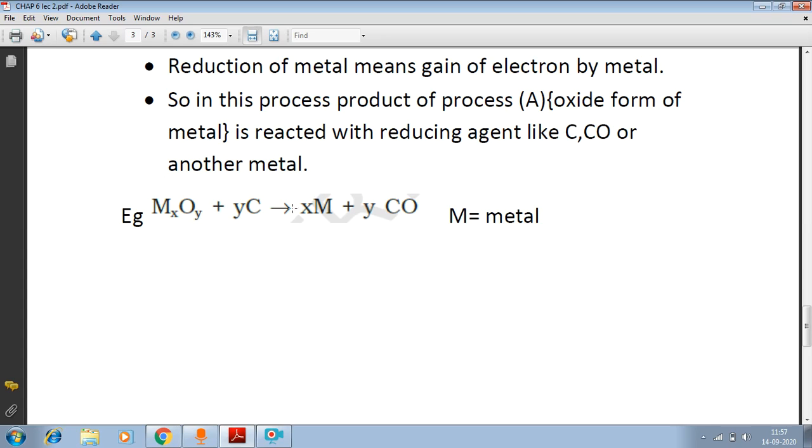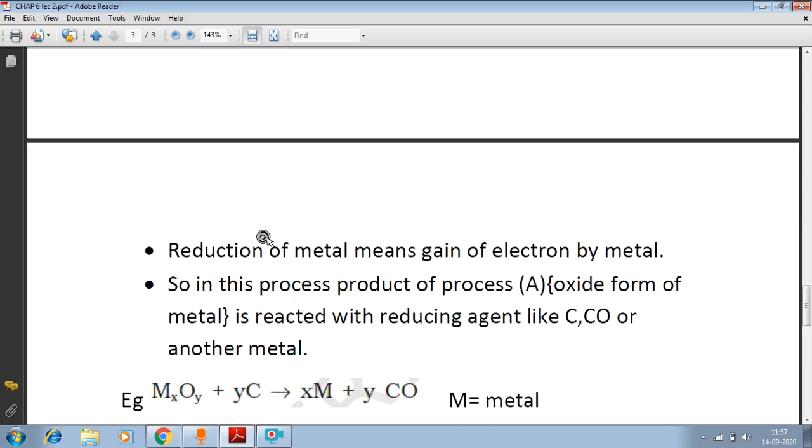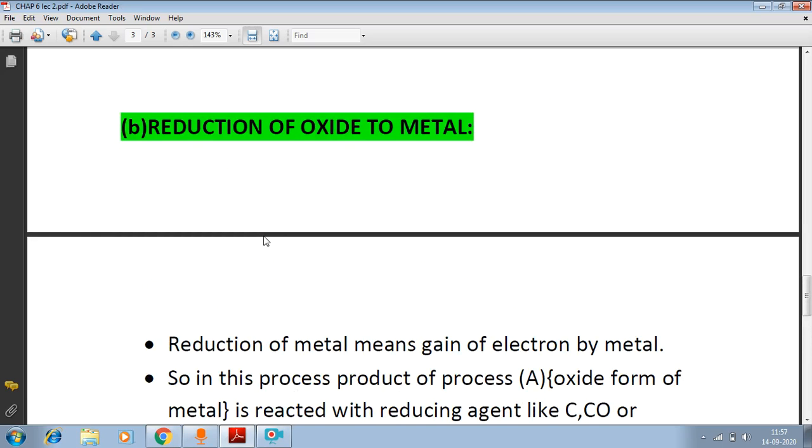Reduction of the metal is there. So this was the second step of extraction of metal from concentrated ore.